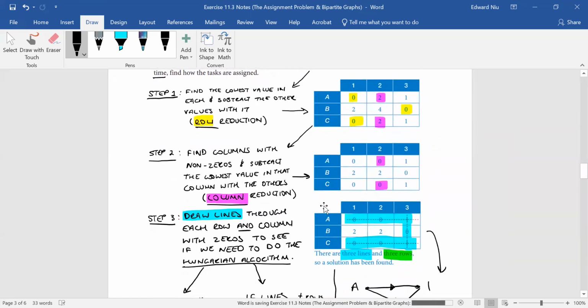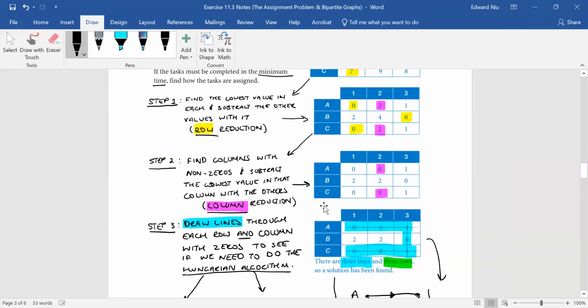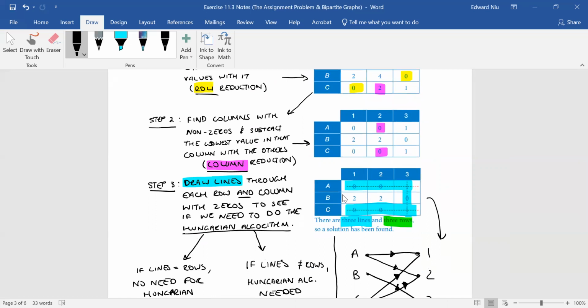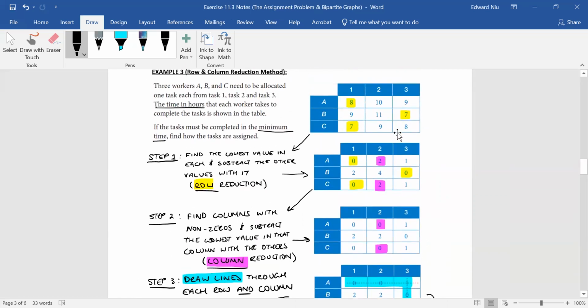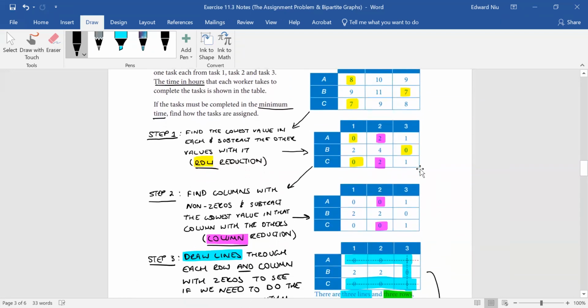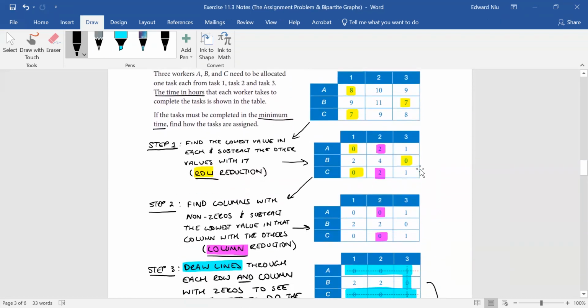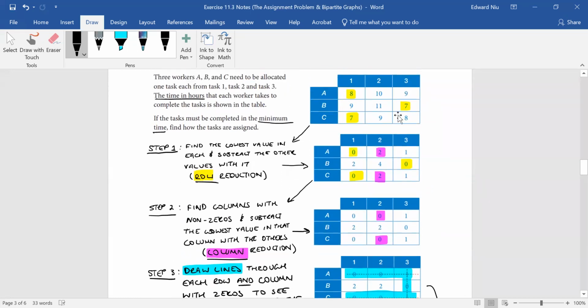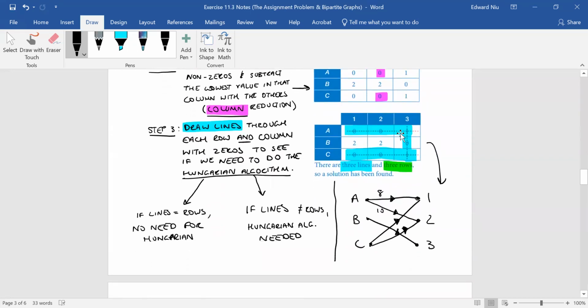So we know A would take 8 hours to do job 1. A would take 10 hours to do job 2. Again, do this in pencil because we will rub out some lines. B can do job 3 in 7 minutes.